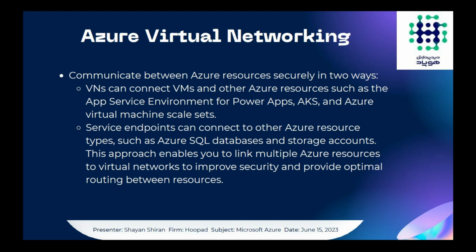The other one was communication between Azure resources, and we can communicate between Azure resources securely in two ways. VNets can connect virtual machines and other resources such as the App Service Environment that we mentioned, for example, for Power Apps, Azure Kubernetes Service, and Azure Virtual Machine Scale Sets. Virtual networks can connect these resources.